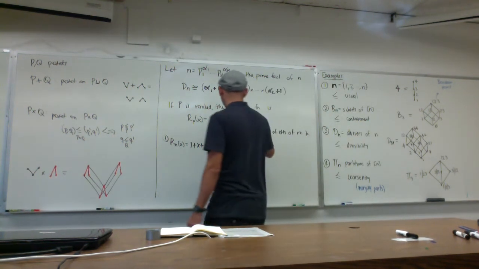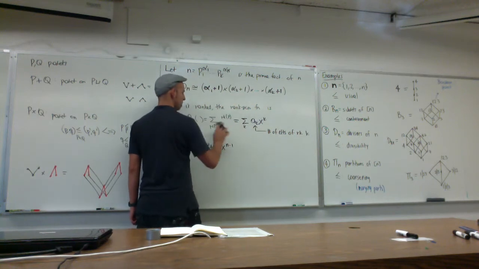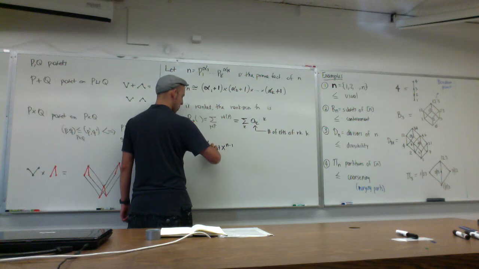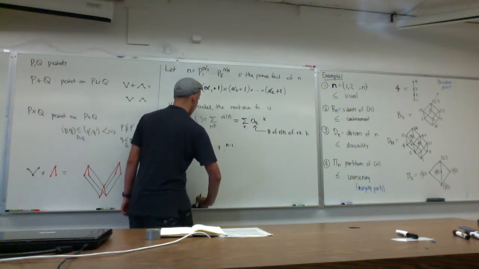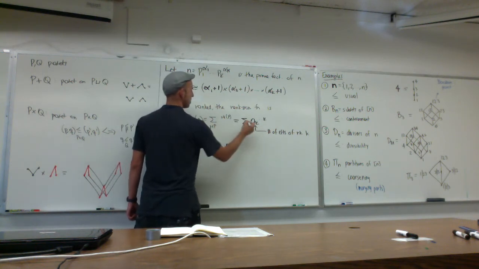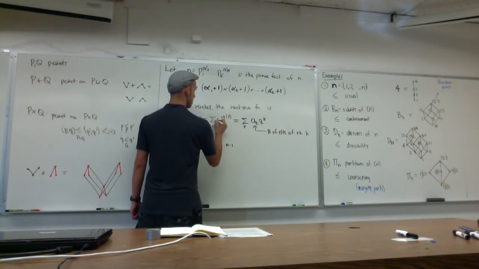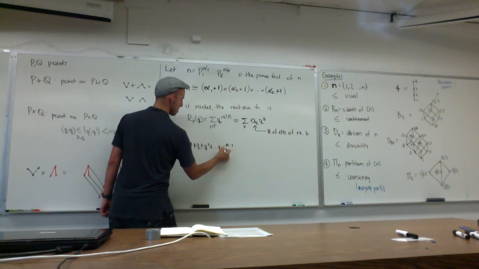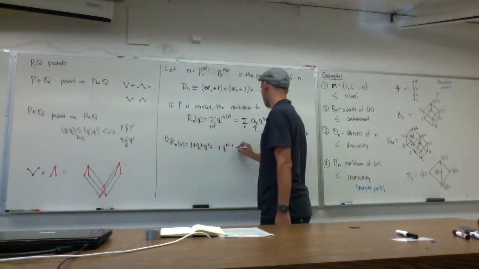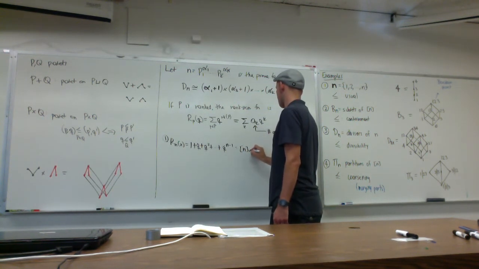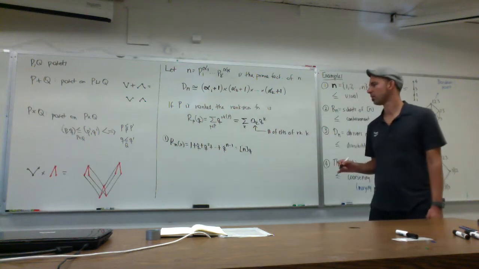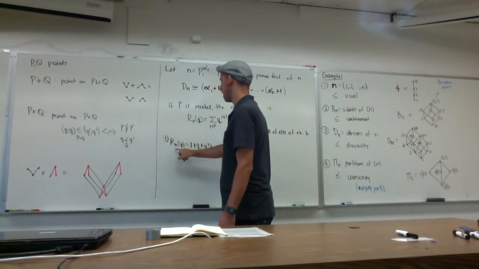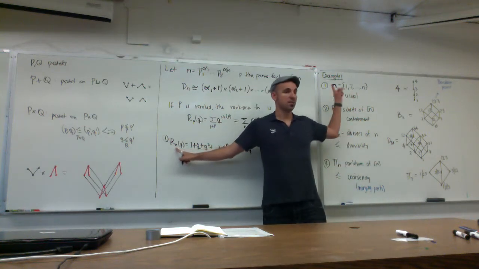Actually, let's use q, because as you can see, if we use q, then this is going to be the q analog of n. And this n is this boldface n, right?